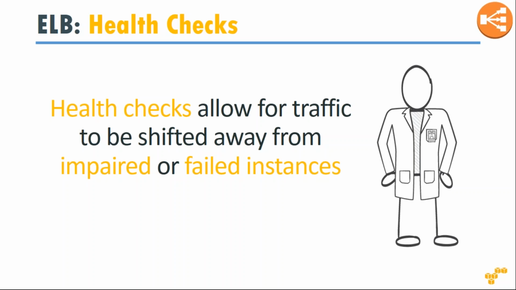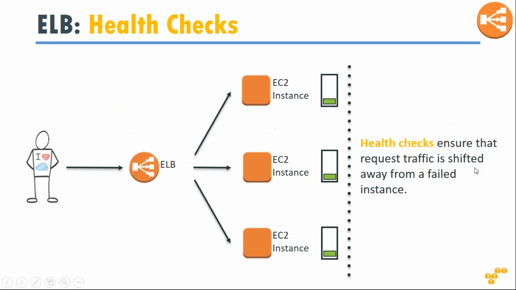Say, for example, www.google.com: it will keep checking, and if it is not able to reach www.google.com on a particular IP or instance, it will say that particular instance is impaired or failed, and it will stop sending traffic to those failed instances, so that your customers are not experiencing any difficulty.